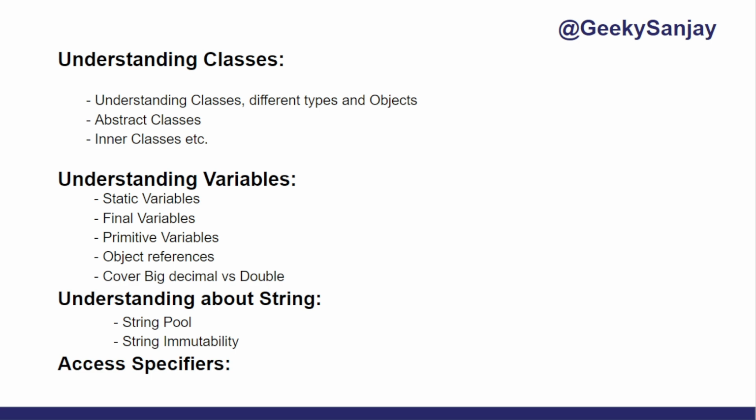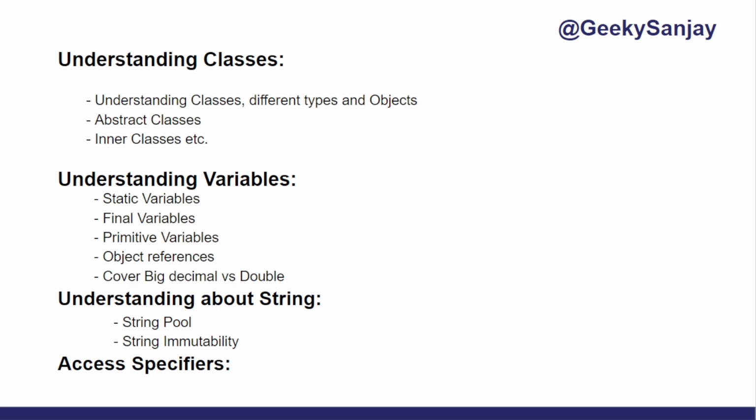Many of us have already faced this question in interviews, and it is very important. From the interview perspective, they will definitely ask you what the string pool is and what string immutability is.